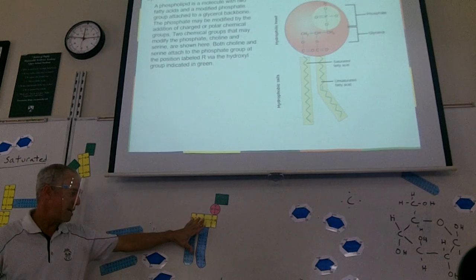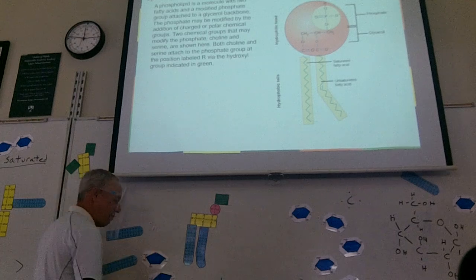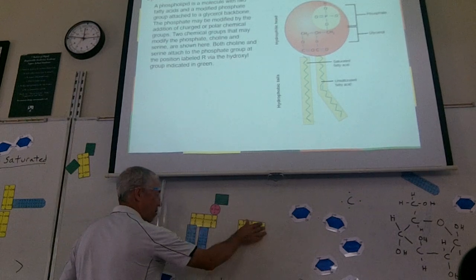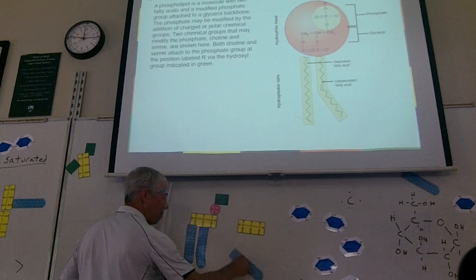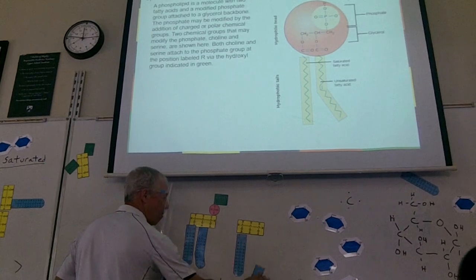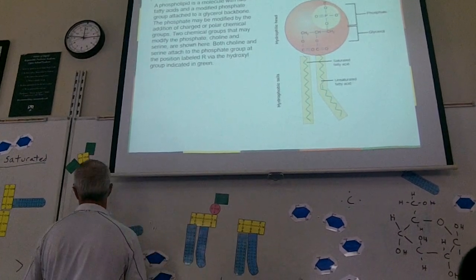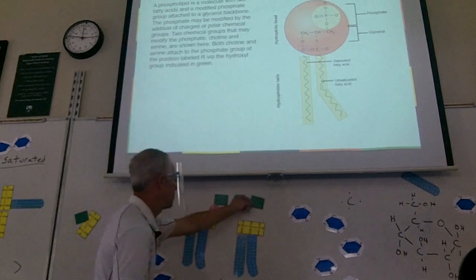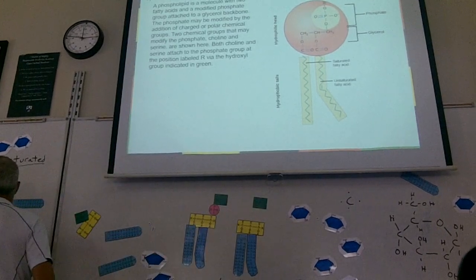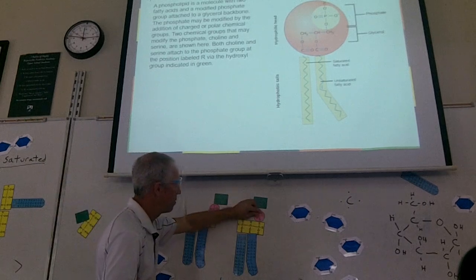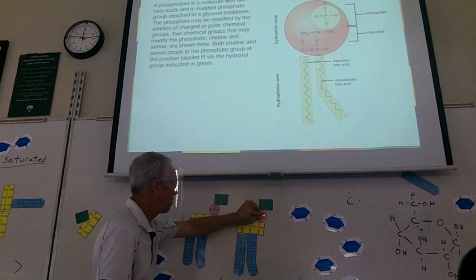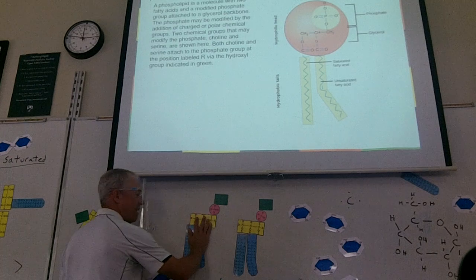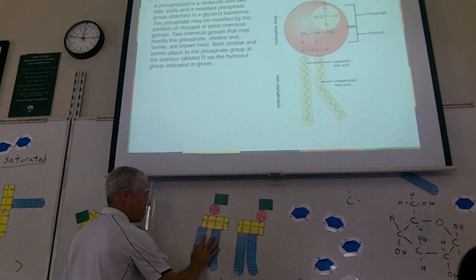And millions of these, if you put them side by side with one another, let's put another one here. And of course there are enzymes in cells that build these things. And they sit side by side, and they sit kind of close together.